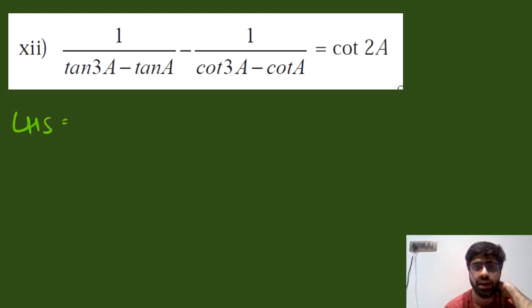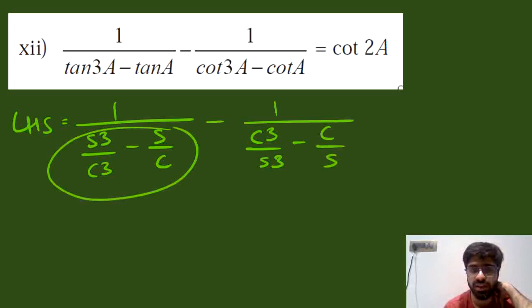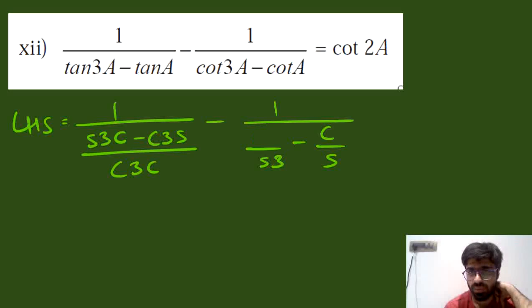On the left hand side, again we can write this as sin and cos, sin and cos. So when you write everything in terms of sin and cos, it is 1 upon sin 3a upon cos 3a minus sin a upon cos a, minus 1 upon cos 3a upon sin 3a minus cos a upon sin a. Just cross multiply the terms here, and that should be sin 3a cos a minus cos 3a sin a divided by cos 3a cos a.